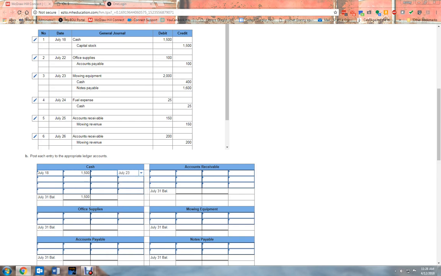So, July 23rd, I'm on the credit side of the ledger. I'm going to put that $400 in. July 24th, I had that fuel expense. So I'm going to make that entry. So July 24th, I had a $25 credit entry.